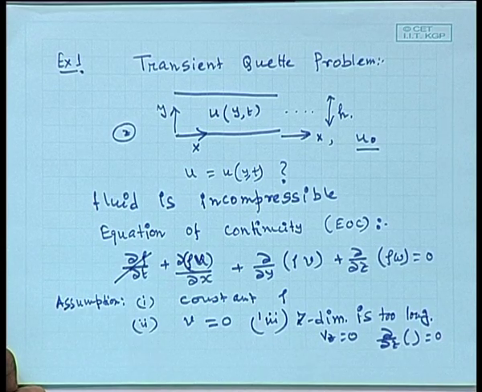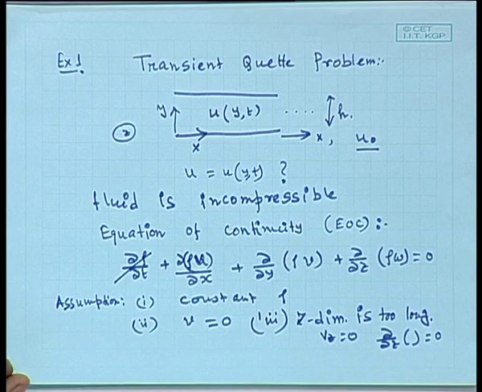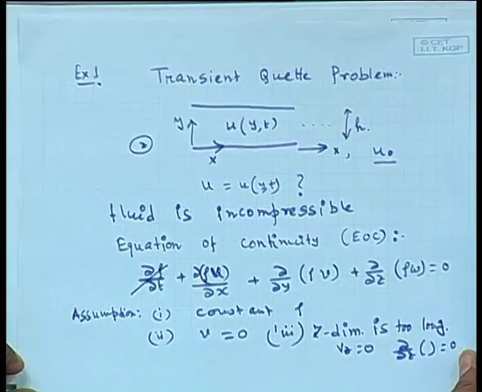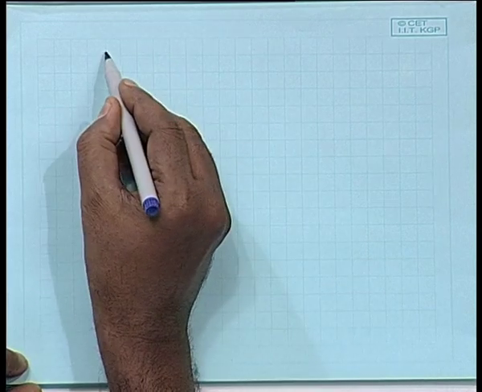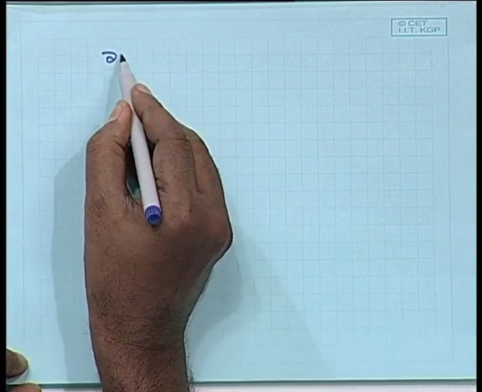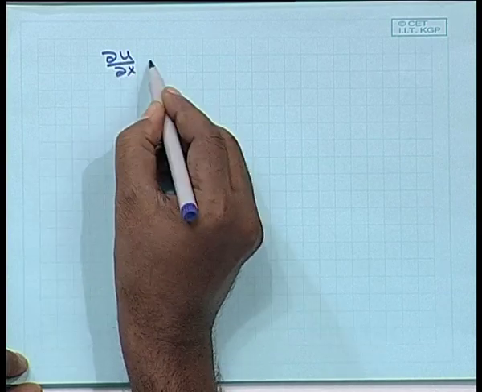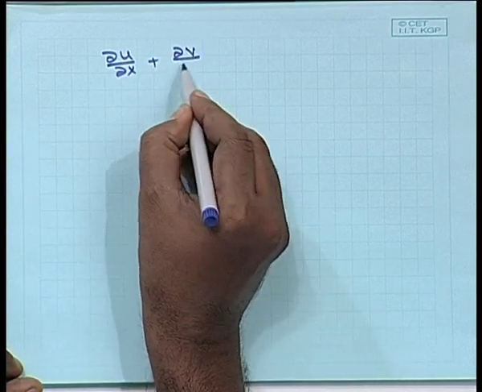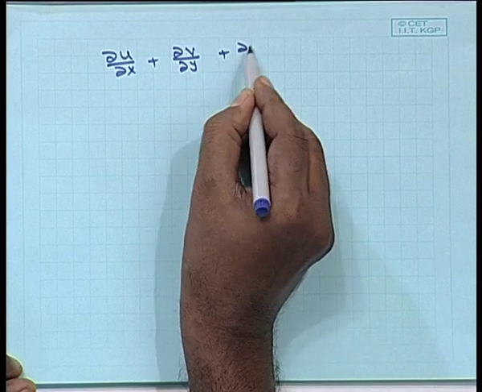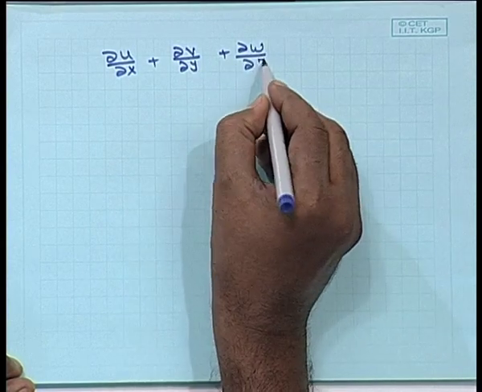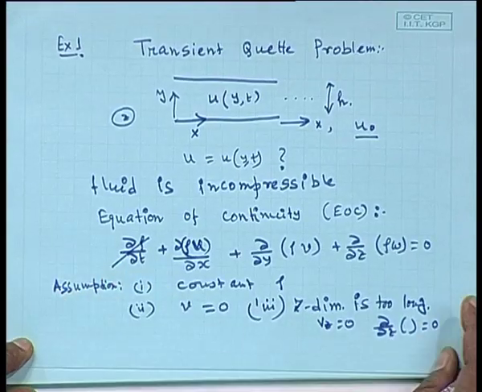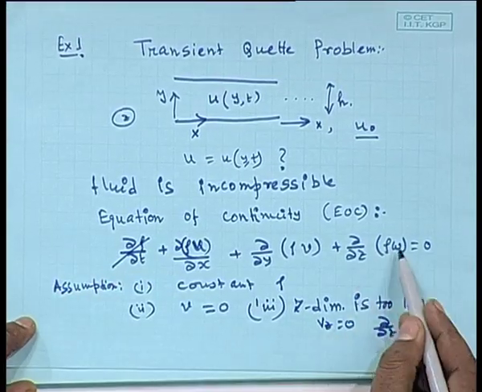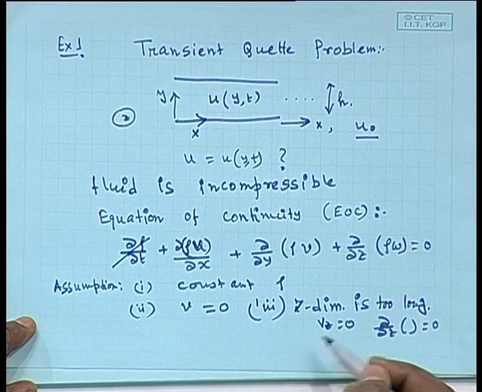Based on this, you can simplify the equation of continuity, and since rho is constant, it is taken out of the derivative. So, it will be del u del x plus del v del y plus del w del z. Here we have written w as the z component velocity, so v z is equal to w.